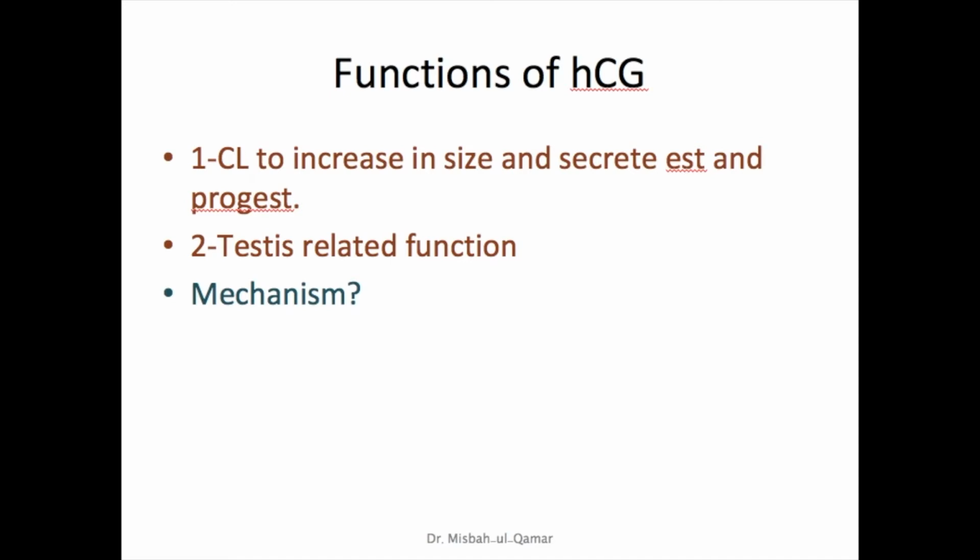As far as the increase in corpus luteum size and estrogen and progesterone secretion, you should know that if the corpus luteum is removed before approximately the seventh week of pregnancy, spontaneous abortion almost always occurs, sometimes even up to the 12th week. After that time, the placenta secretes sufficient quantities of progesterone and estrogen to maintain the pregnancy for the remainder of the gestation period.